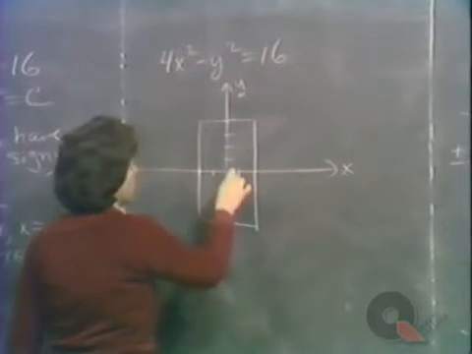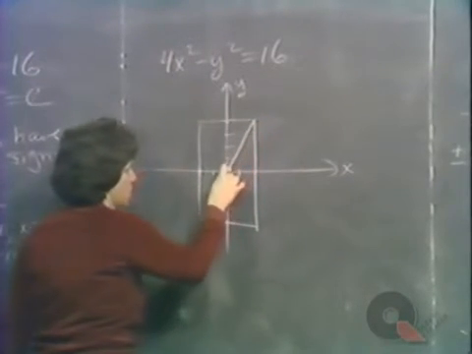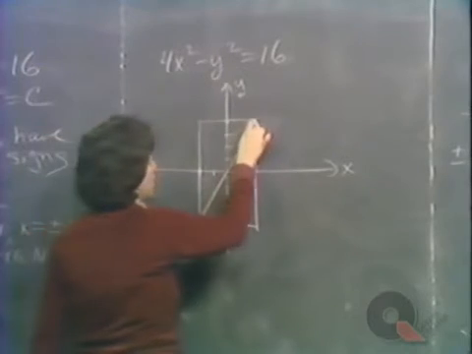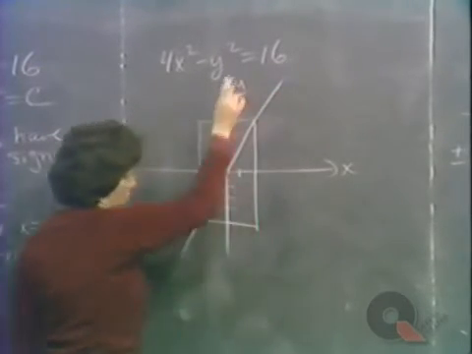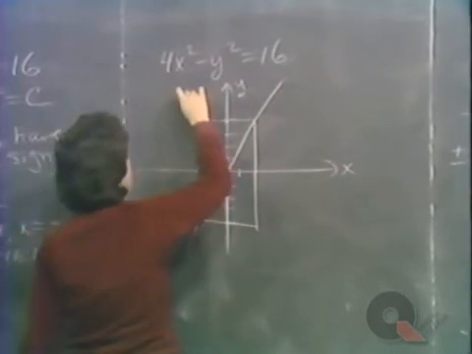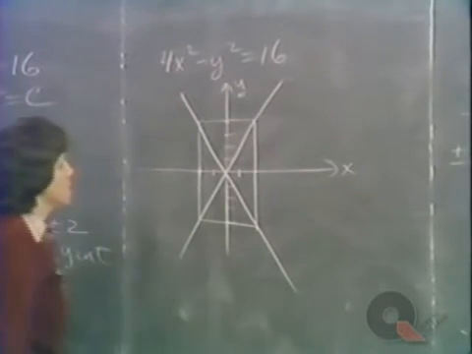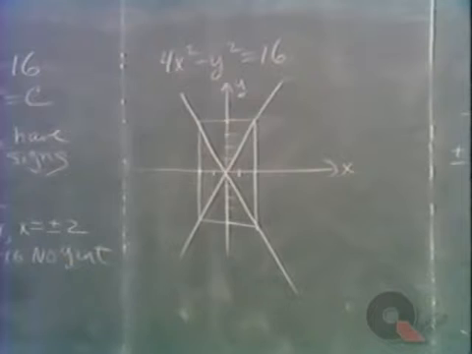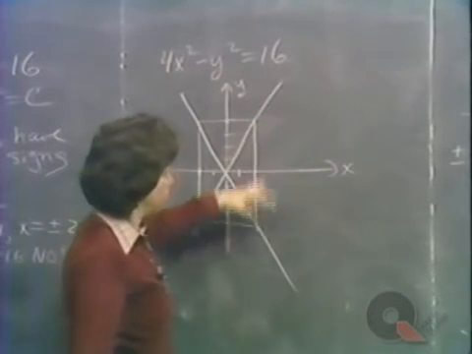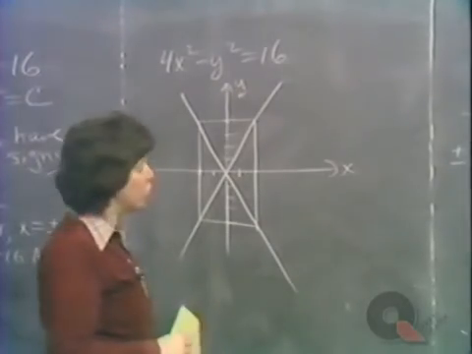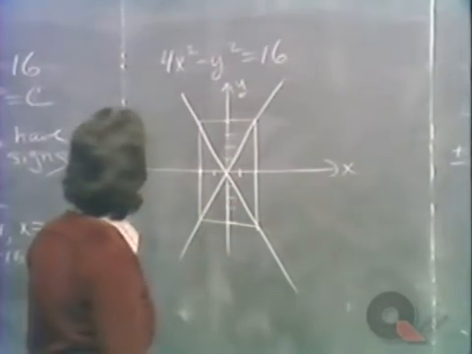And then we draw the diagonals of this rectangle, and we extend them beyond the rectangle. And these are going to be guidelines for sketching the hyperbola. These are asymptotes, lines which the hyperbola is going to get very close to but never quite touch.